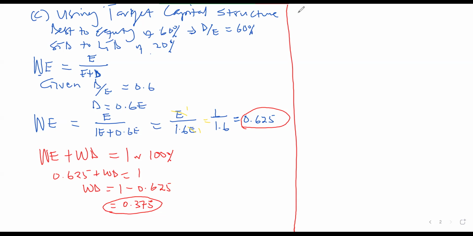That's STD plus LTD is equal to total debt. From the question, we are also told that STD over LTD is equal to 20%, right?